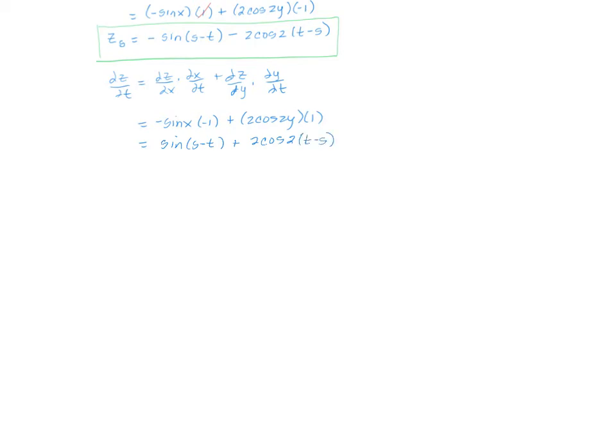So this does look a little weird. It looks like the t minus s is separate from the cosine function, so you might want to put another set of parentheses here or clean it up and write this as 2 cosine of distribute the 2 and simply 2t minus 2s.